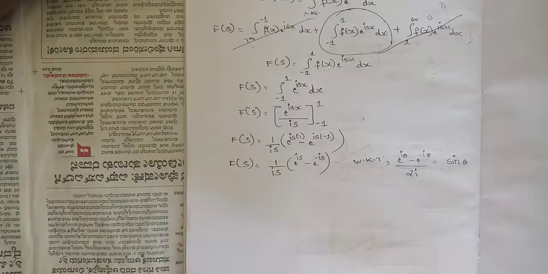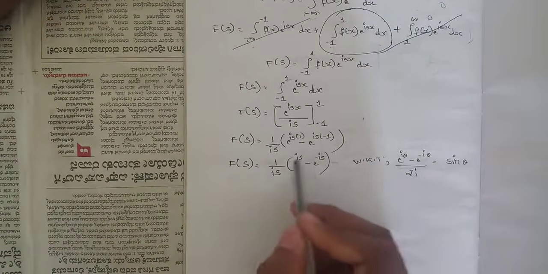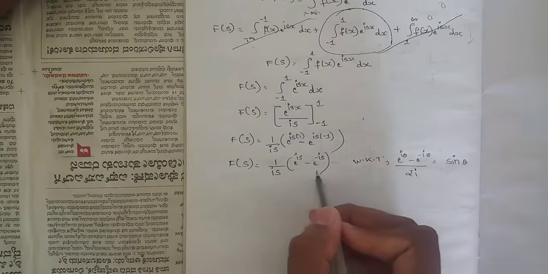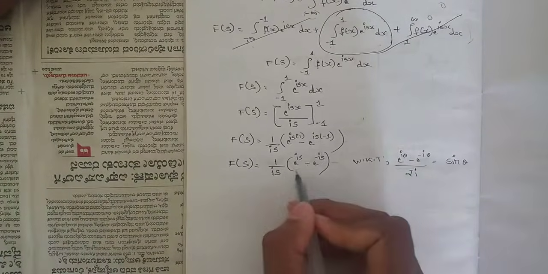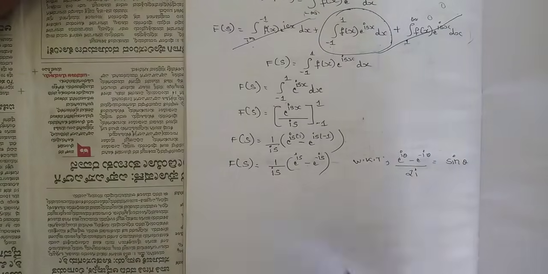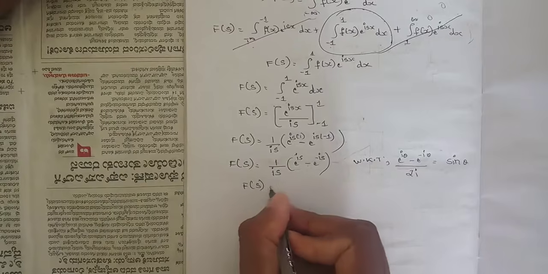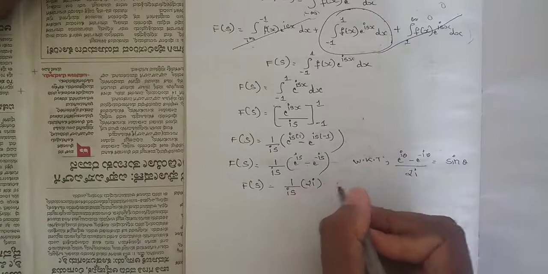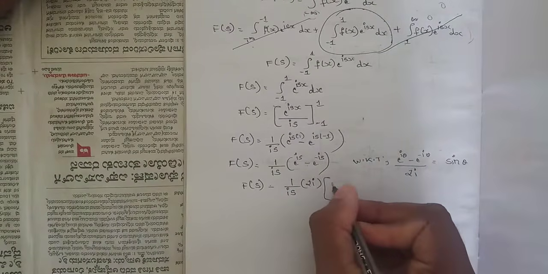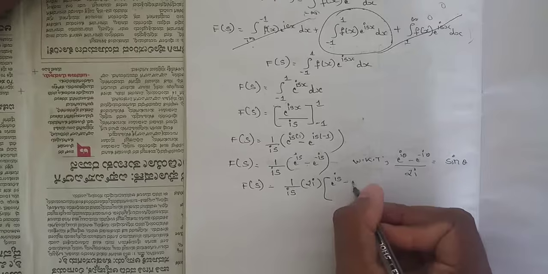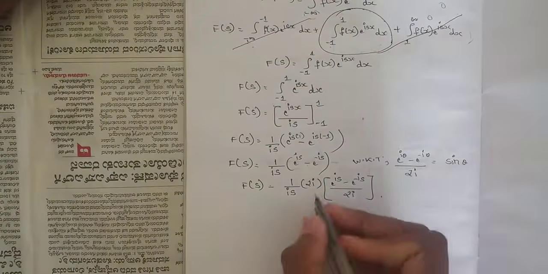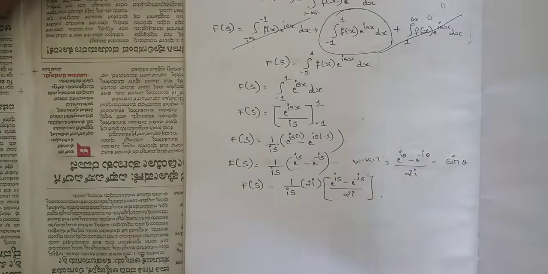Similarly, we need to substitute this as sine s. For that, the denominator 2i is missing, so to place the denominator here, we need to multiply it in the numerator as well. So the further solving is: 1 by is into 2i into e^(is) minus e^(minus is) by 2i. I have just multiplied the numerator and denominator by 2i.